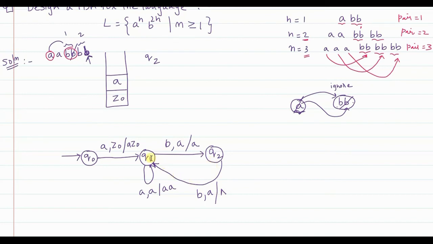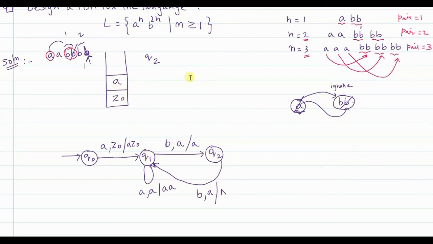So one thing you realize is why Q1 is important. Q1 is a state where you reach only after ensuring that for each A you get one pair of B. For every A, after matching a pair of B, you reach Q1 state.